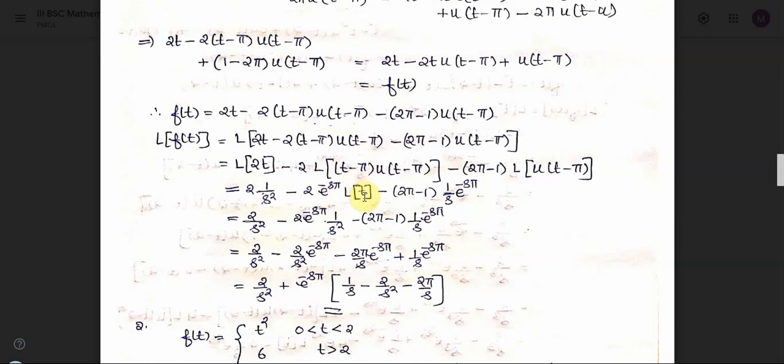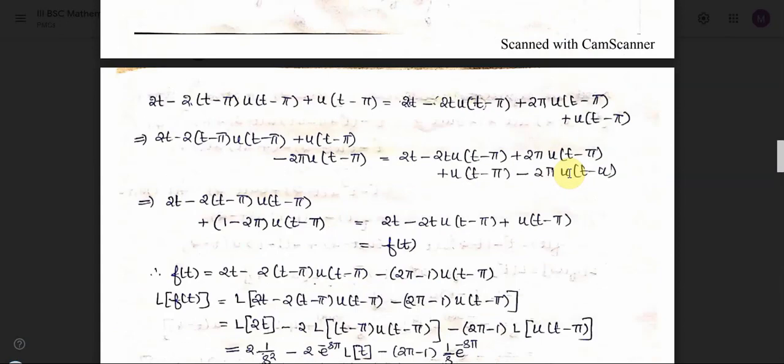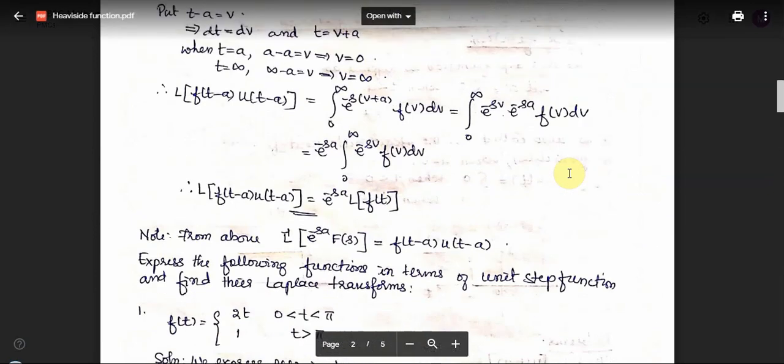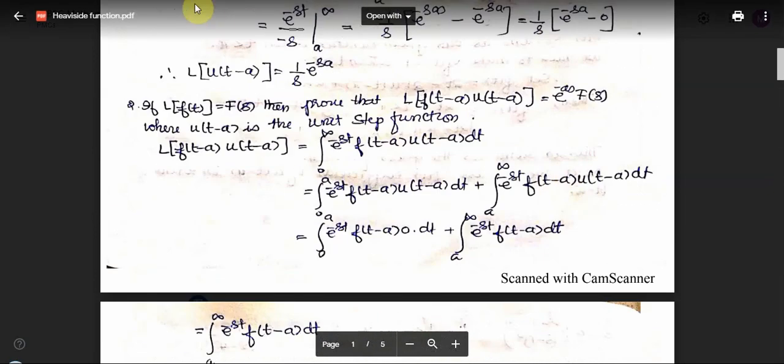I hope you can understand this. This is of the form f of t minus a into u of t minus a. If I want f of t, then in t minus a, that minus a part I should leave off. Therefore, the function only, wherever t is there, I have to take. Therefore, this is L of t. Minus 2 pi minus 1 into L of u of t minus pi is what? L of u of t minus a, by formula it is 1 by s into e power minus sa.